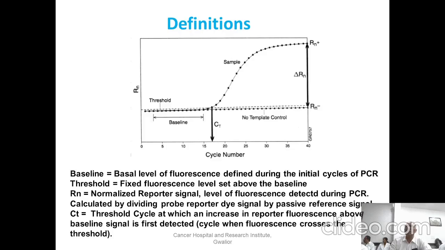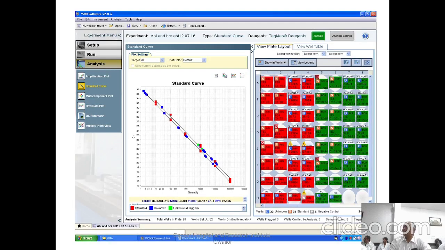How much your CT is, it became very famous. This is the cycle threshold. This is the cycle of PCR at which your product starts showing amplification. And this is the maximum amplification. Okay. So this is the standard curve. How will you do that? You have a standard curve, and you compare the fluorescence your product gave against it. Like when we see a BCR ABL QRT PCR, it's very simple.